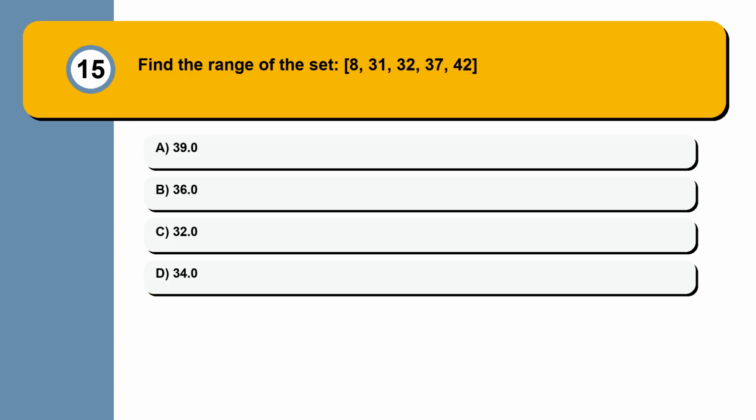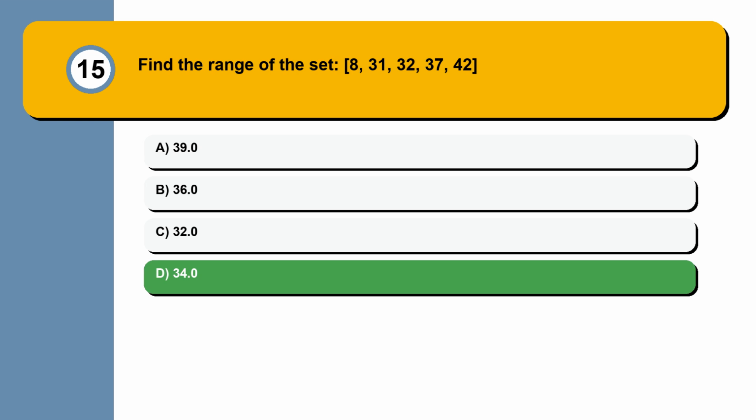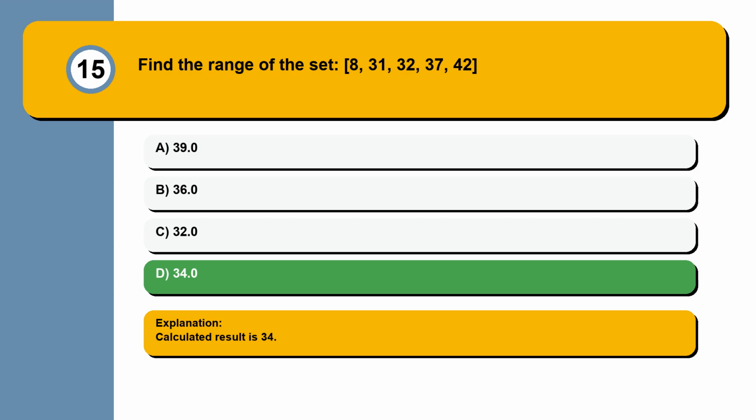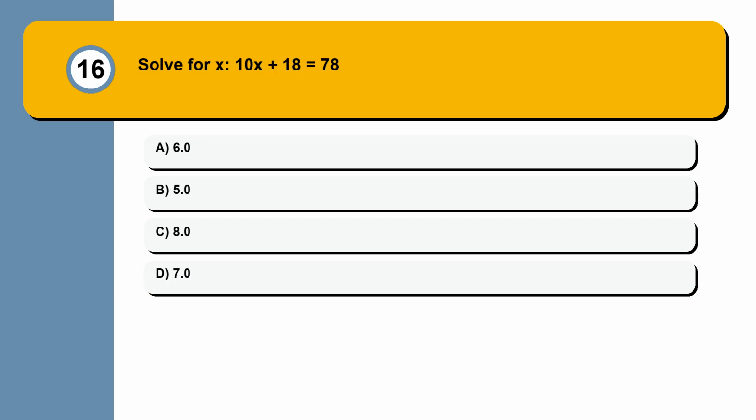Question 15. Find the range of the set 8, 31, 32, 37, 42. Options: 39, 36, 32, 34. Calculated result is 34. Question 16. Solve for x. 10x plus 18 equals 78. Options: 6, 5, 8, 7.